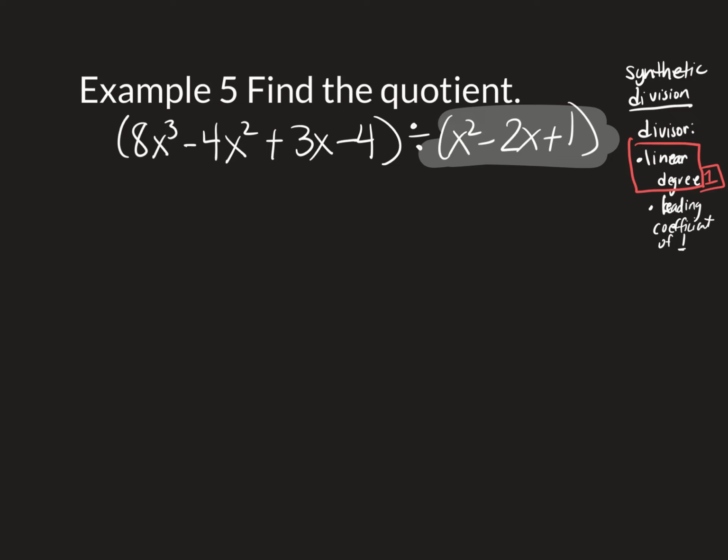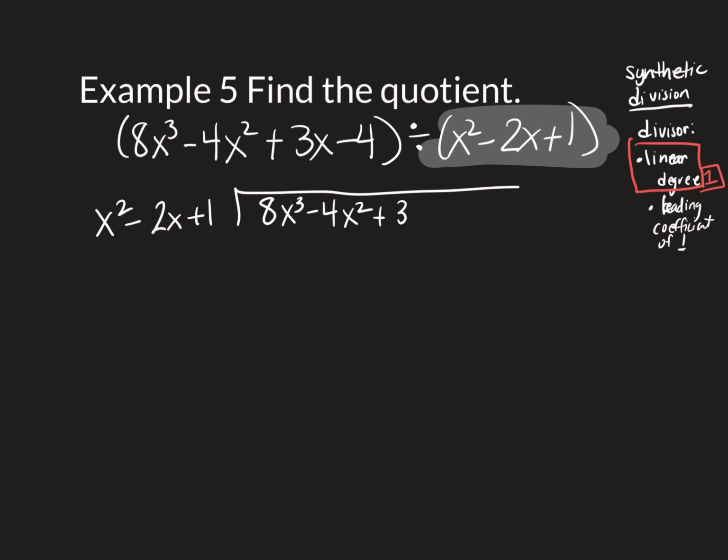I'll set up my long division. X squared minus 2x plus 1 is my divisor, goes on the outside. Check my dividend: 3, 2, 1, constant. So my dividend is okay. 8x cubed minus 4x squared plus 3x minus 4. And then I'll write my steps here.